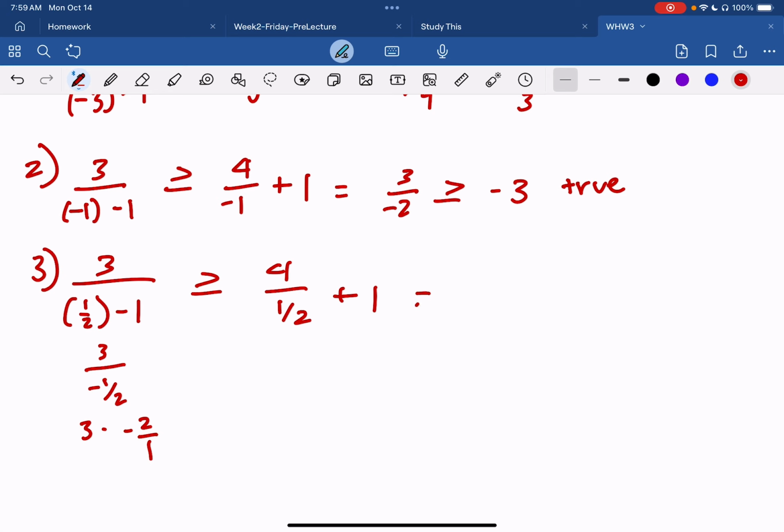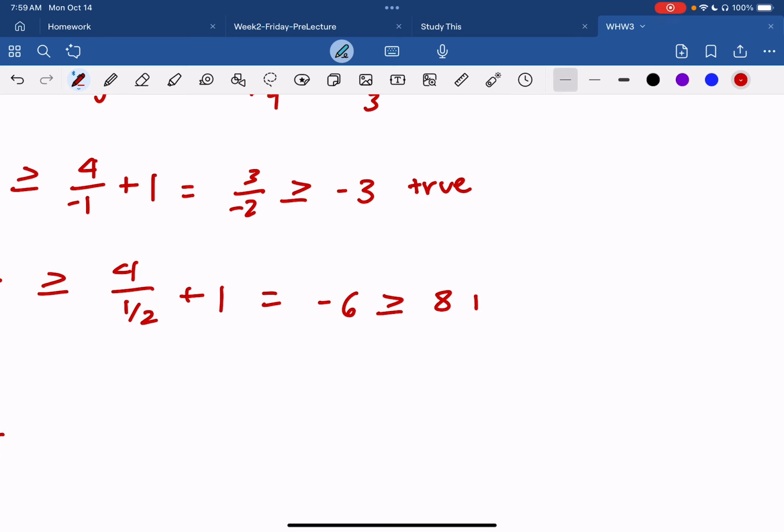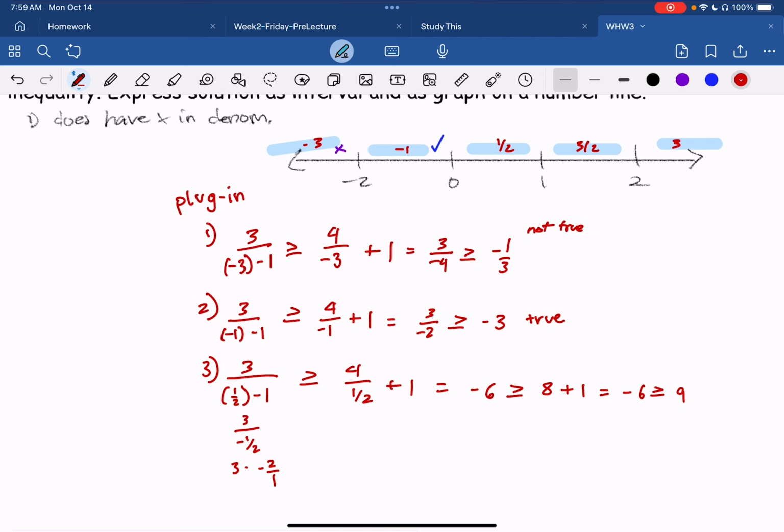So it's equal to -6 greater than or equal to 9, because again you're multiplying by the reciprocal to divide. So it's saying that -6 is greater than or equal to 9, which is definitely not true. So then x does not work here.